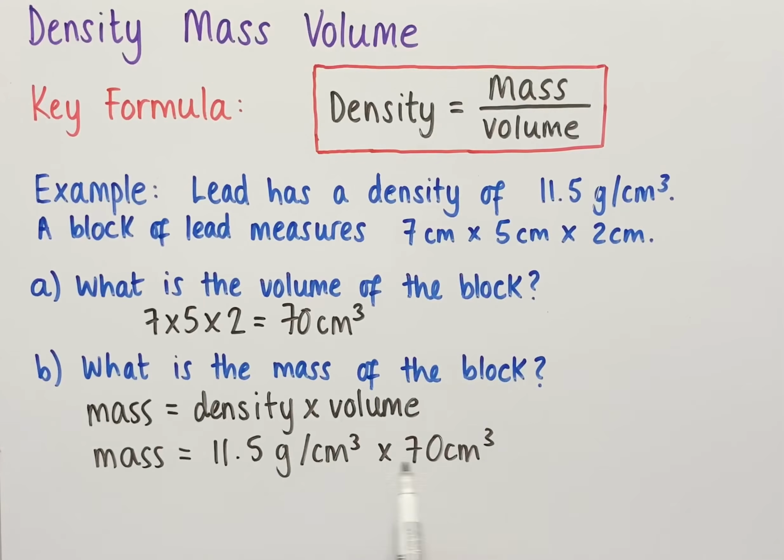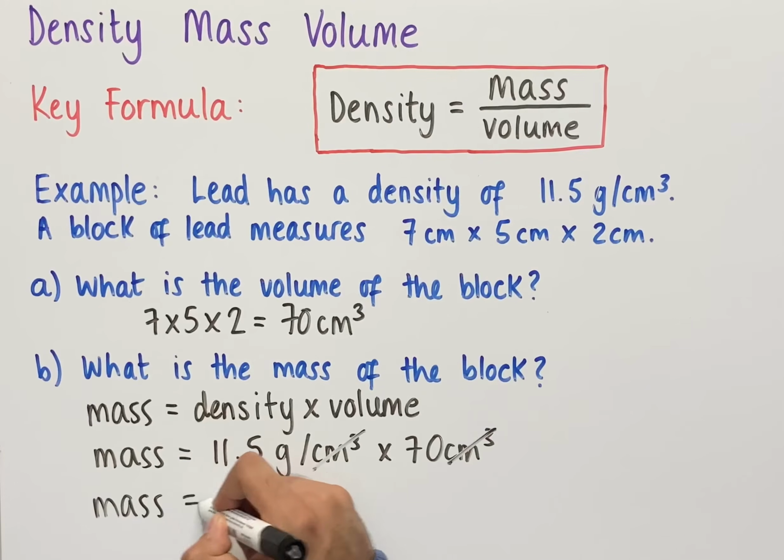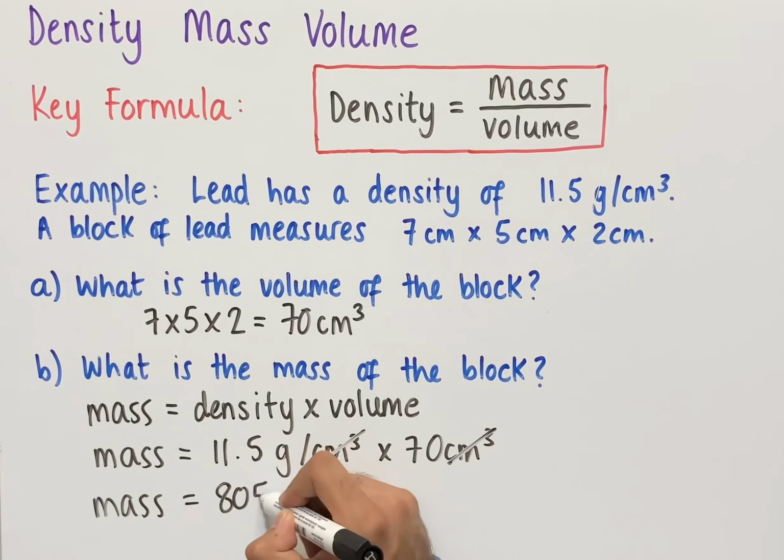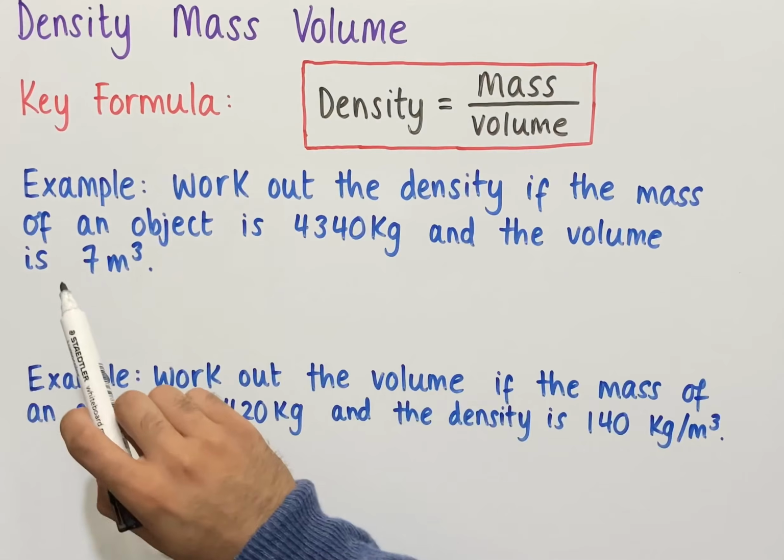So the units cancel in the following way: the centimeters cubed cancel and we're left with grams. 11.5 times 70 gives us 805, and so we have that the mass of the block equals 805 grams. Let's look at the final two examples.